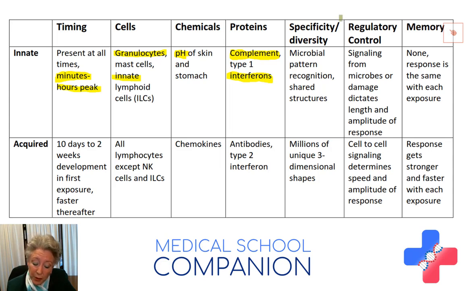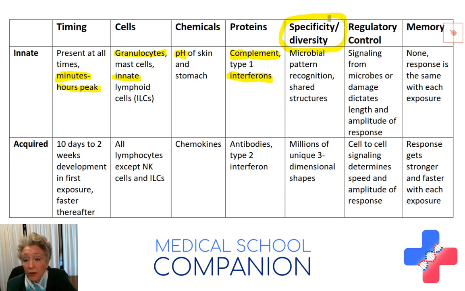Now, notice very importantly that one of the key things about the innate component of the immune response is that it has limited specificity and diversity due to the fact that it is designed to act as a barrier and recognize very highly evolutionarily conserved molecules found on the surface of things that man has evolved in the environment of.